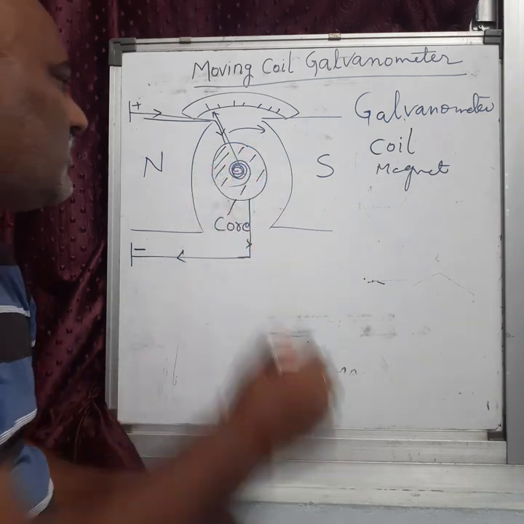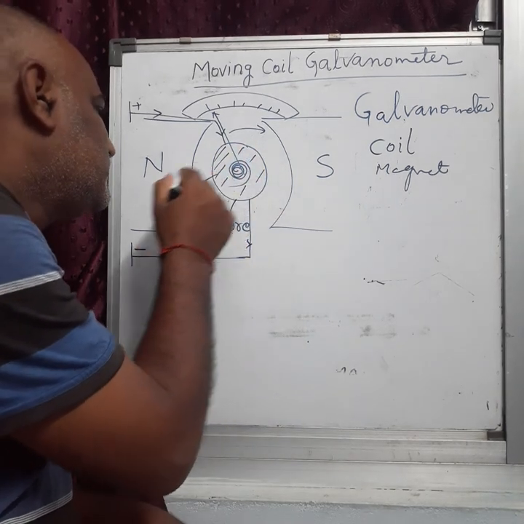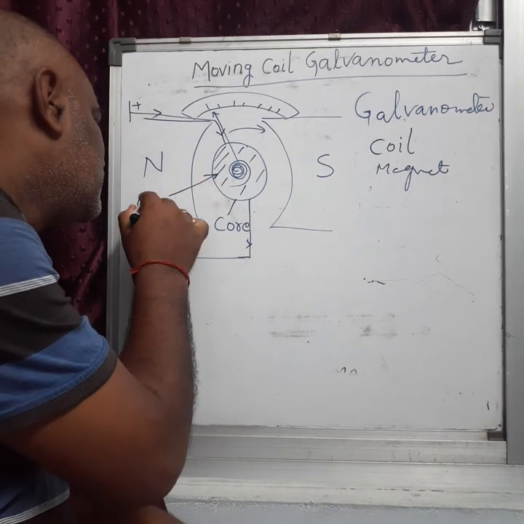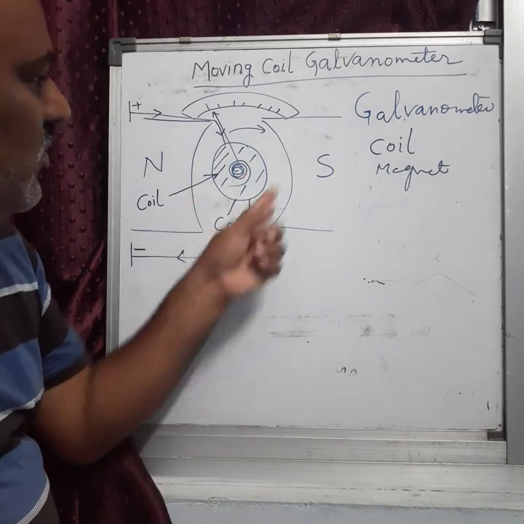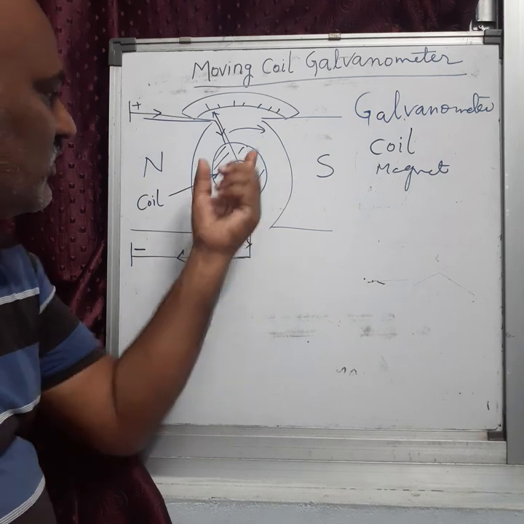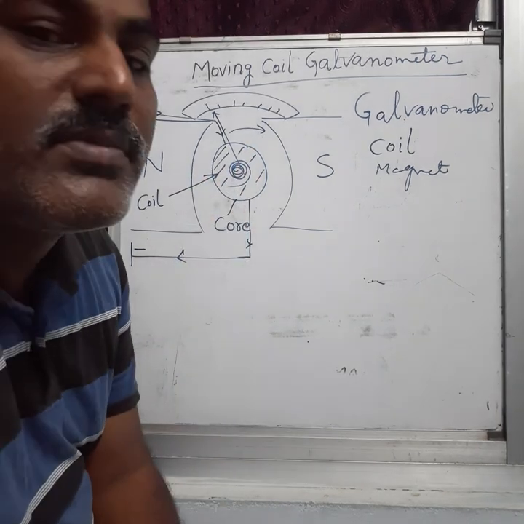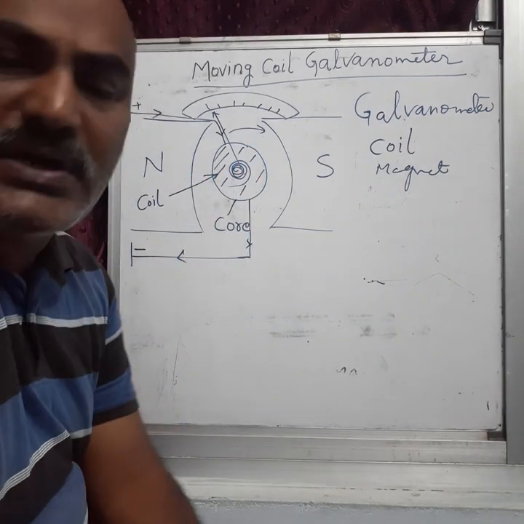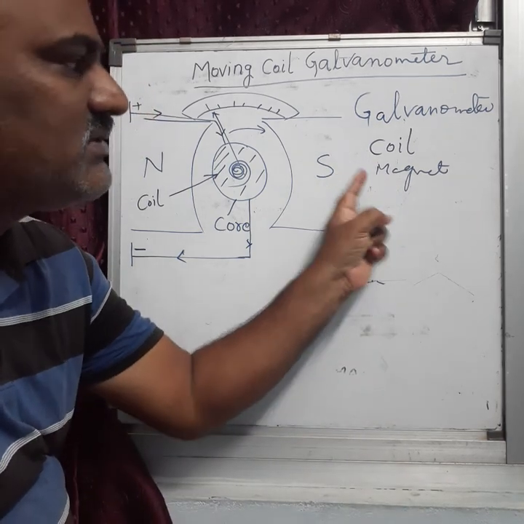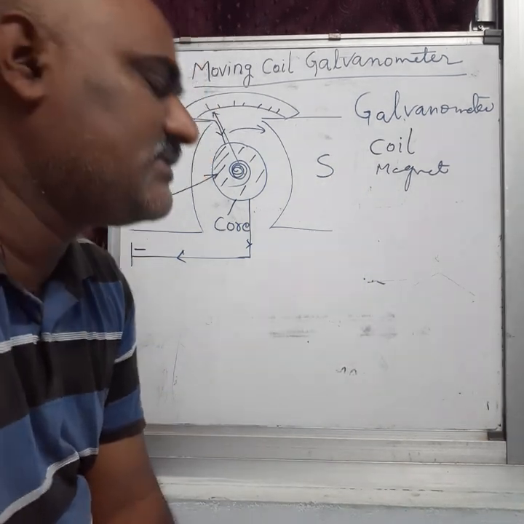This one is the core, or you can say this indicates the coil. In this coil, the core is the inside part. So there are two main parts. First part is the coil, second part is the magnet.